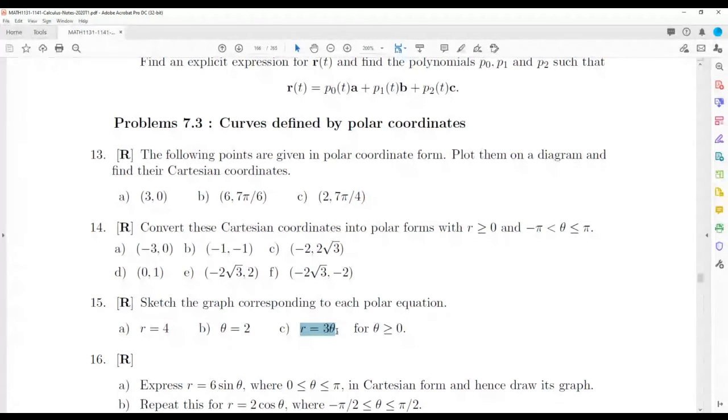This one's a bit harder. One of the ways you can do this is to draw them first on the r theta axes, but I don't think you really need to do it in this case. So let me show you a way around that.